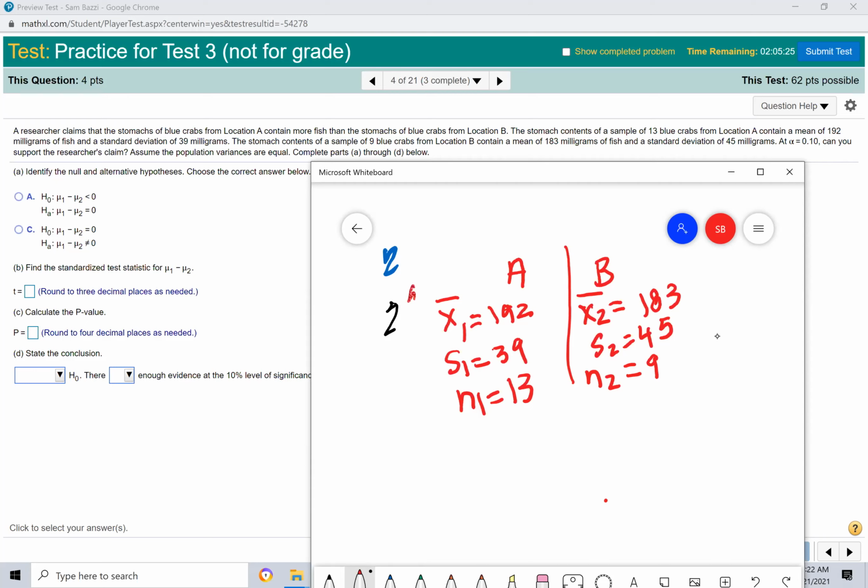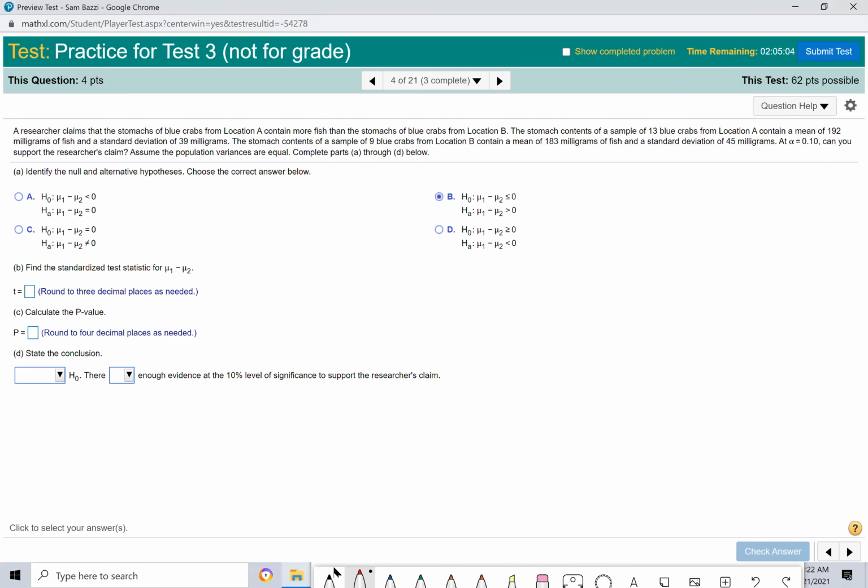So we're going to be using a two sample t-test, guys. And since the population variances are equal for pooled, we're going to put a yes. That's all you need to know. So let's bring the calculator up and perform the test.